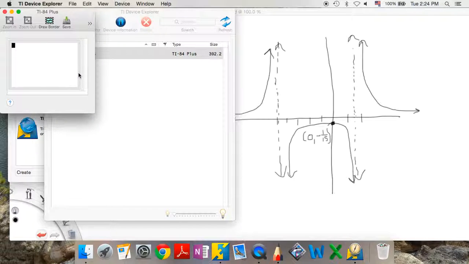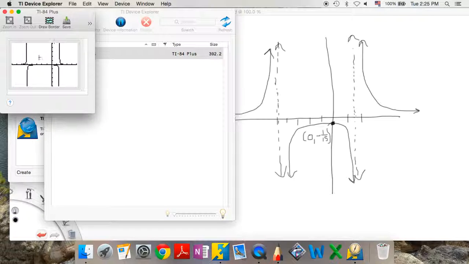So here's our graph. All right, now if you look at this, the calculator does not draw in the asymptotes, and you see it's close enough up here on y equals 0, it looks like it is actually touching it. But we know, because we looked at the algebra of the graph, that we have these asymptotes here, and we know that it's not going to be equal to y equals 0 because it's a reciprocal function.